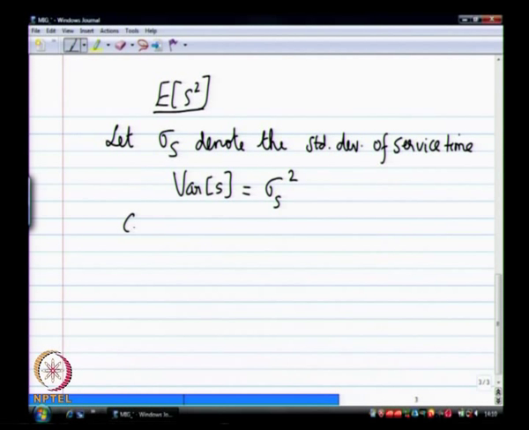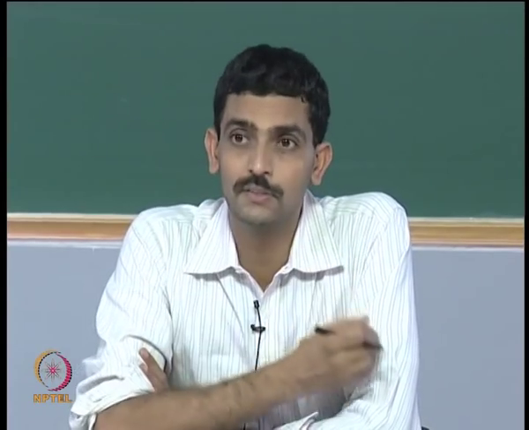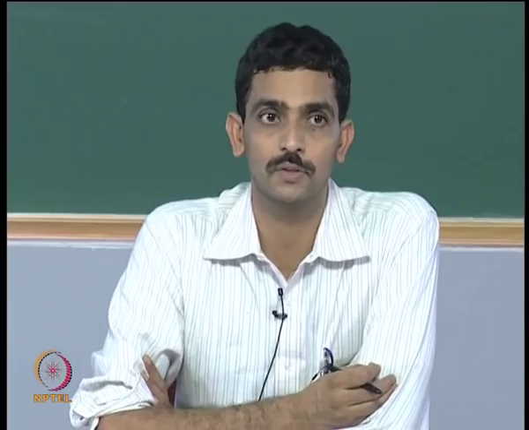Then we will define this thing called coefficient of variation. We will define CS as the ratio of sigma by mean E of S, right. So E of S is the mean and sigma is the standard deviation. So the ratio of standard deviation to mean is your coefficient of variation.